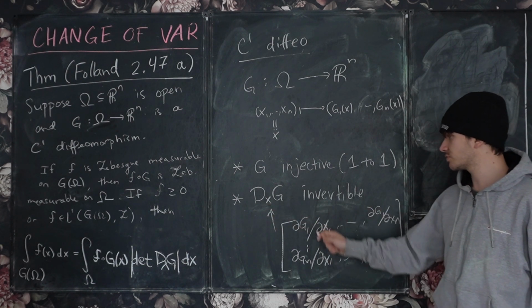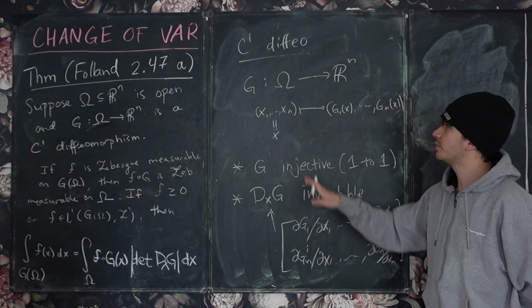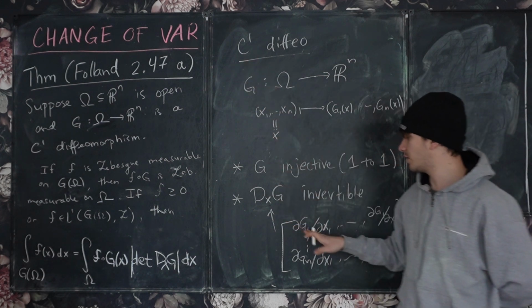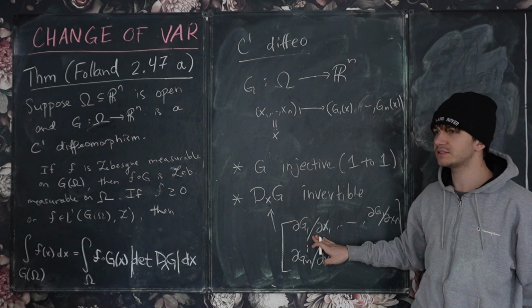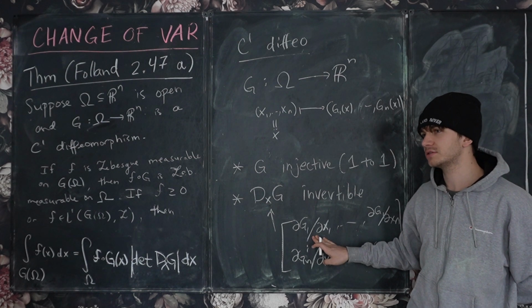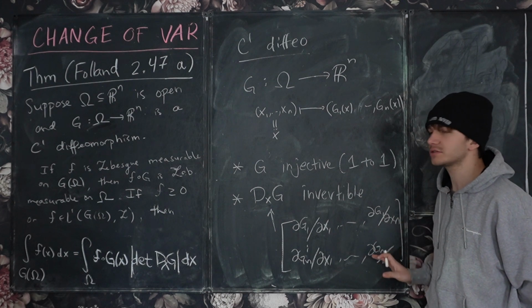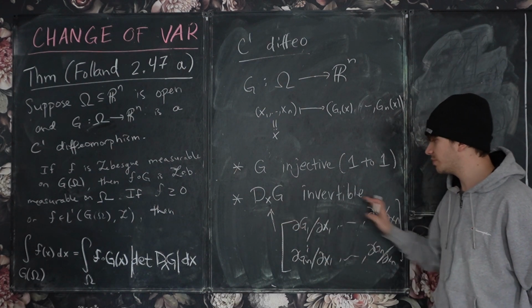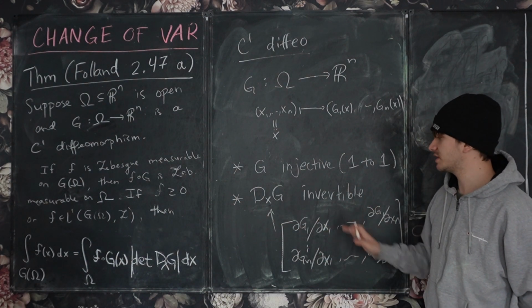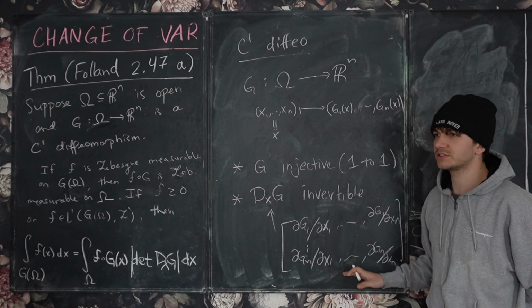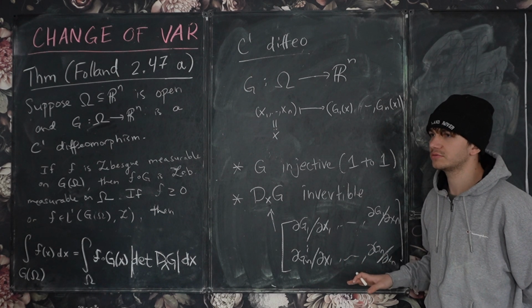What we're requiring is that C1 means all of these partial derivatives exist and they're continuous. And furthermore, this Jacobian matrix is always invertible, which is equivalent to saying that the determinant is non-zero.